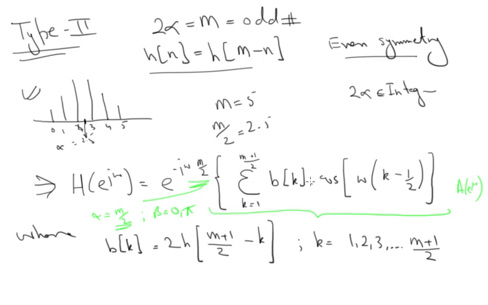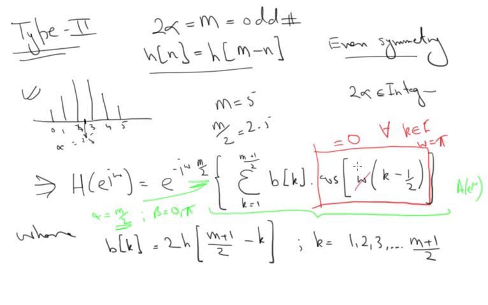Now if you observe this expression here, this term will be equal to 0 for all k belongs to integers and omega is equal to pi.